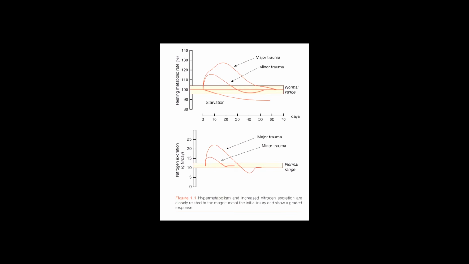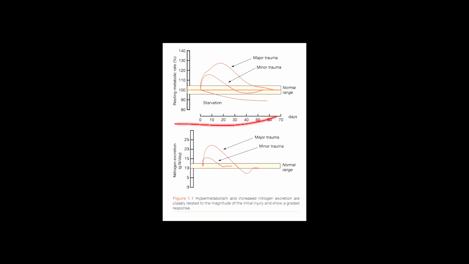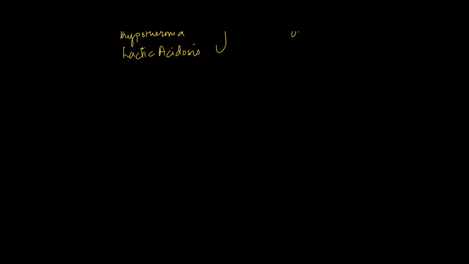In this image, it is evident that in cases of major trauma, there is a higher response and it takes longer to return to the baseline, whereas in cases of minor trauma the response is not as much and it returns to the baseline pretty quickly, which is also the case with nitrogen excretion, which parallels the hypermetabolic state in terms of protein breakdown. This response that we just saw is called the graded response. So one important aspect of the metabolic response to injury is that it is graded. It depends on the magnitude of injury.